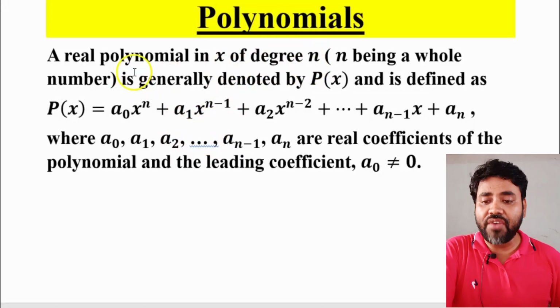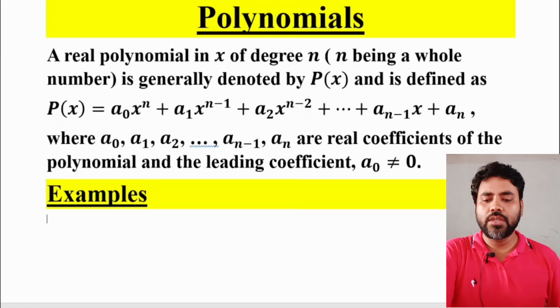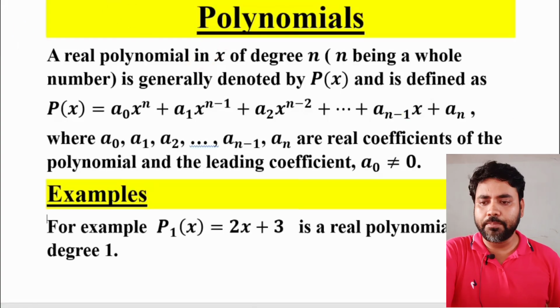So to define a polynomial in x of degree n, the leading coefficient must be non-zero. Okay, so this is the definition of a polynomial. Now we will try to understand it in a better way by giving examples.